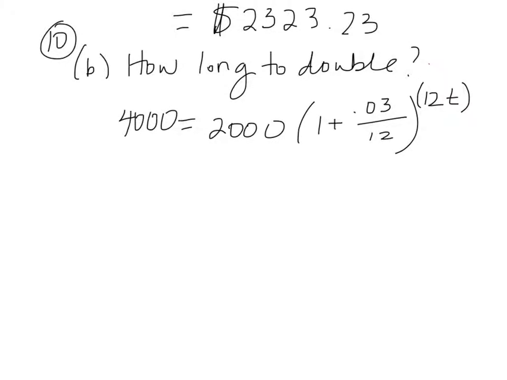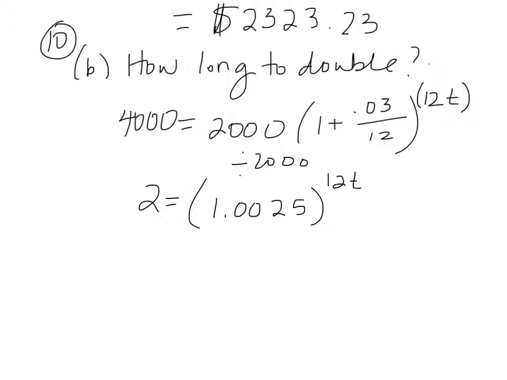Okay, so I divide by 2,000 on both sides. So I get 2 is equal to 1 plus, I have my 0.03 divided by 12. So I get 0.0025. And sometimes this number isn't nice, so you would just like store it or keep it in your calculator.